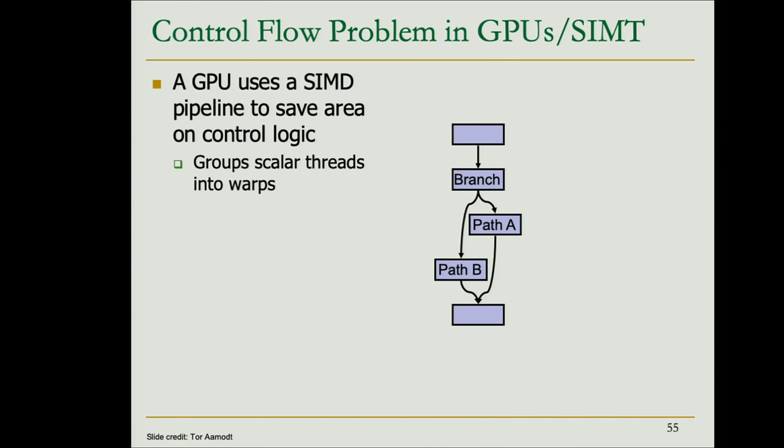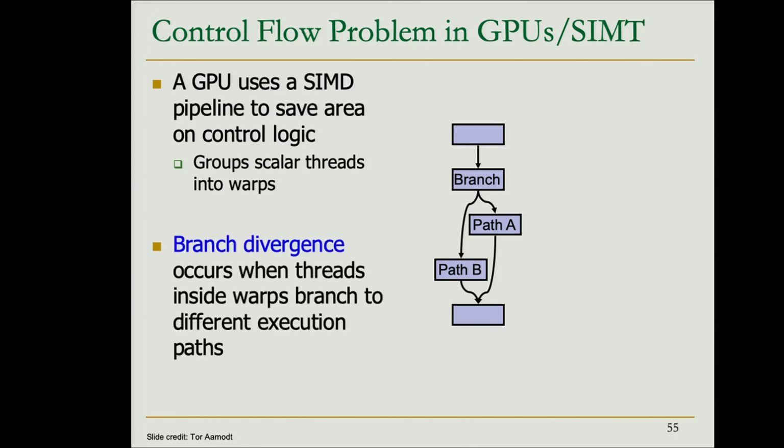A branch and two different paths, A and B, depending on, for example, the value of data read from memory, or on the index of the specific thread, we will go through path A or path B. The problem here is that this produces branch divergence, and branch divergence translates into warp divergence, intra-warp divergence.